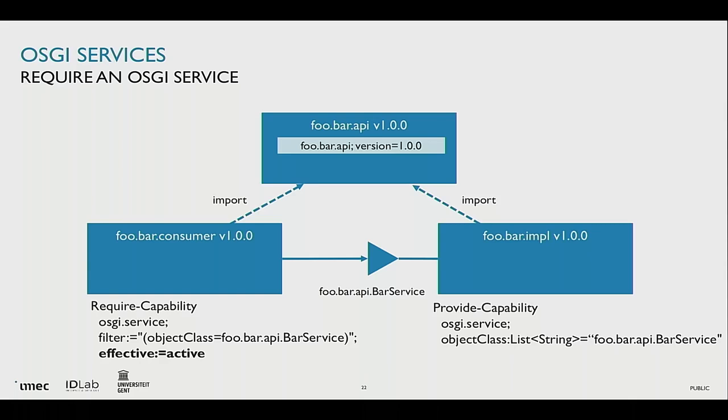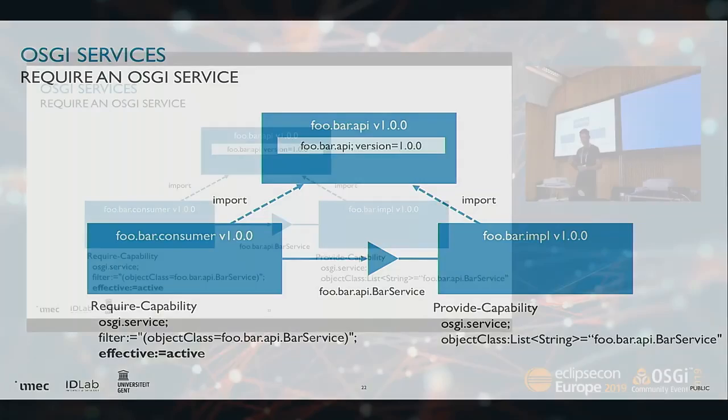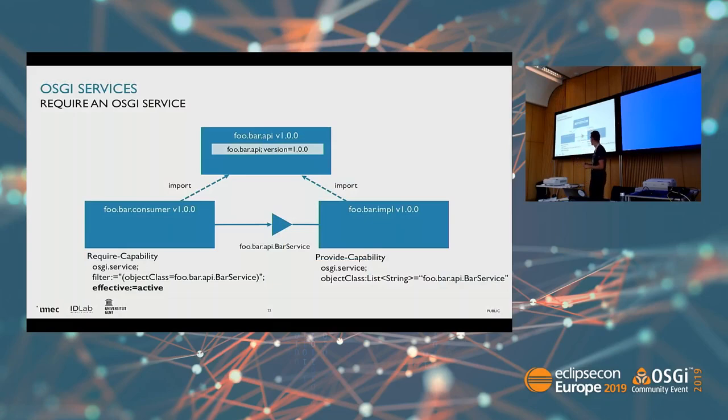With a service, however, this is slightly different, because if you install your bundle, the service isn't necessarily there yet. The service is only there when your bundle becomes active. And that's specified by the effective:=active statement. And this becomes important if you want to use the BND resolver to assemble your application.